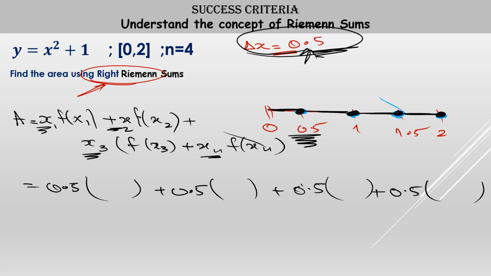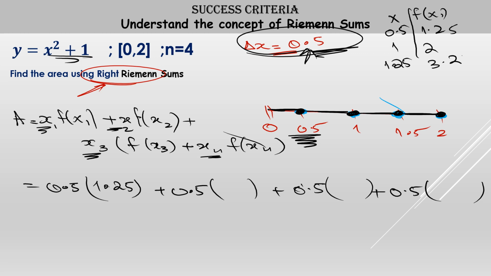Now, when the first point is 0.5, the answer was 1.25. So we already have calculated before, if you remember, x here and f of x1. So when it was 0.5, the answer is 1.25. When you put 1, you will get 2. When you put 1.5 in the main equation, you will get 3.25.